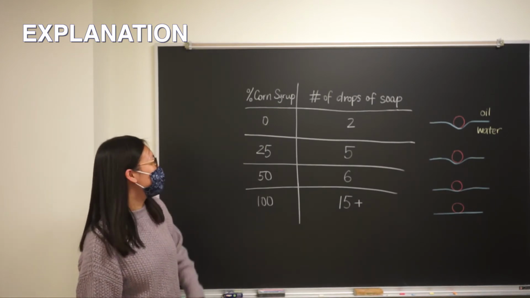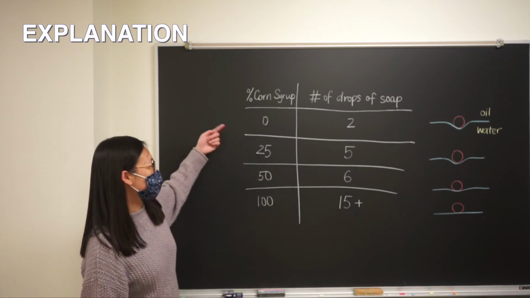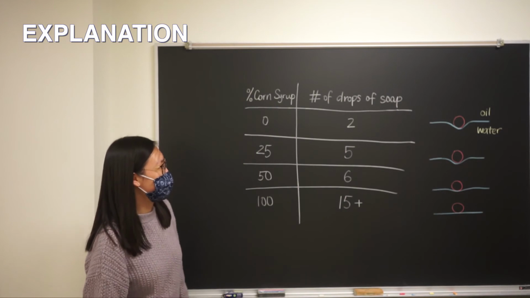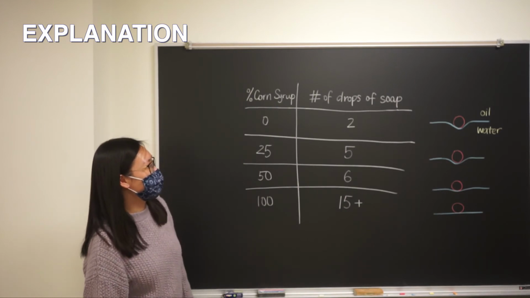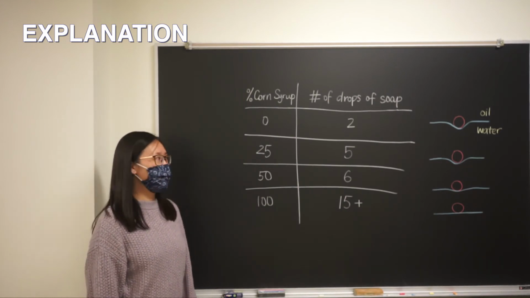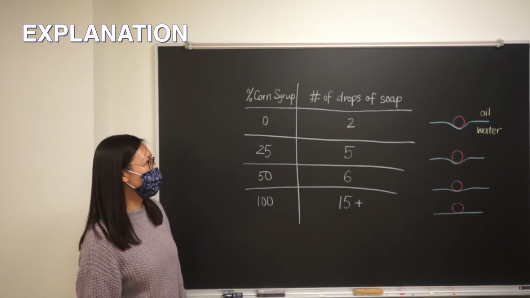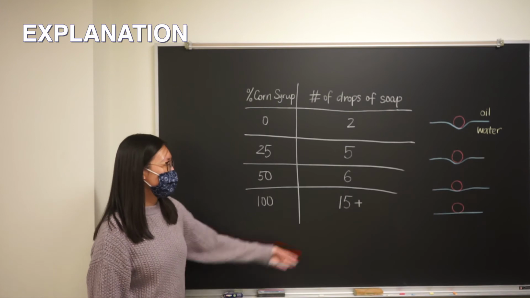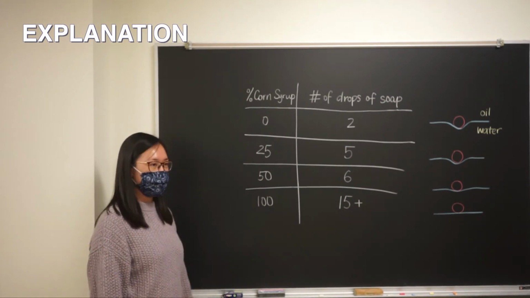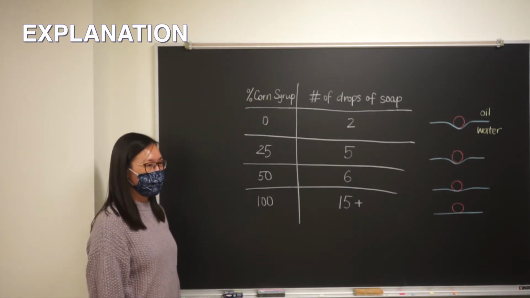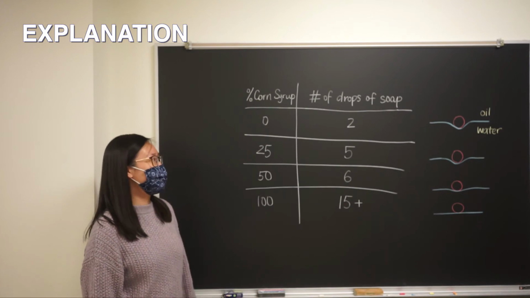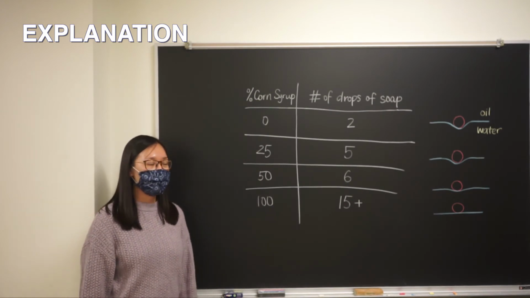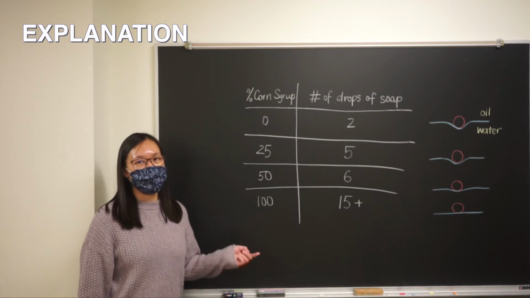When you go from 0% to 100% corn syrup, you can see that the blue line, or the boundary between the oil and the water phase, deforms more when you don't have corn syrup in the solution, and it's basically a flat line when you have 100% corn syrup. That's the indication of the stronger the boundary between the oil and the water phase when you have more corn syrup in the solution.